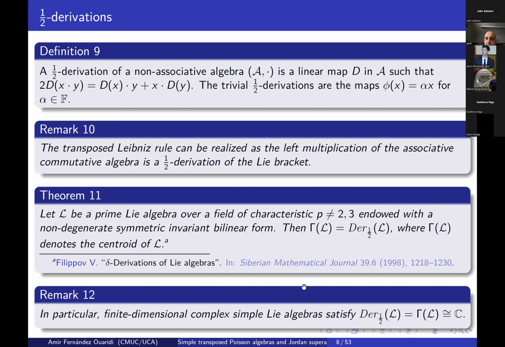In particular, for finite-dimensional complex simple algebras, we can choose this bilinear form to be the Killing form. So we have that the derivations will coincide with the centroid, and it is easy to see that the centroid is isomorphic to C. So basically, any 1/2 derivation will be trivial, that is, a map of this type. Okay.